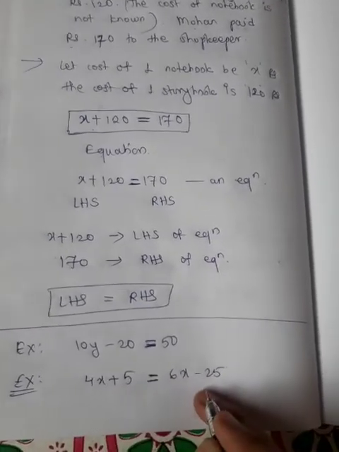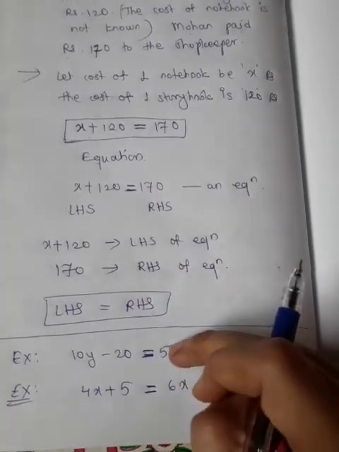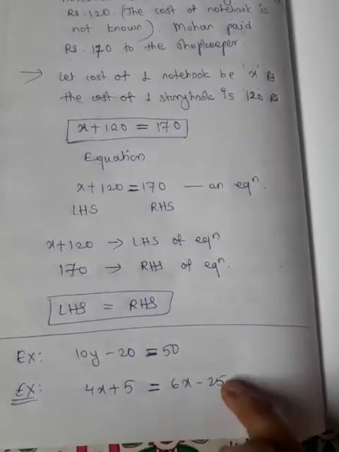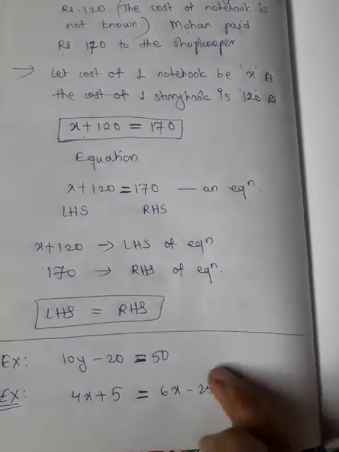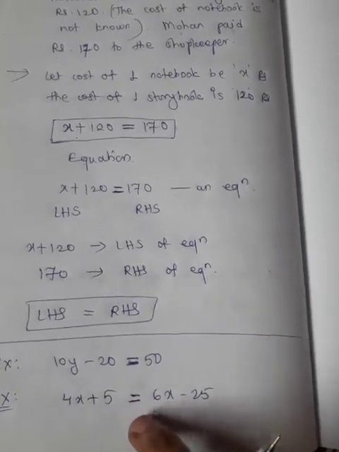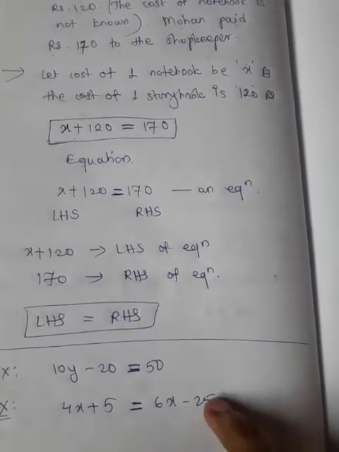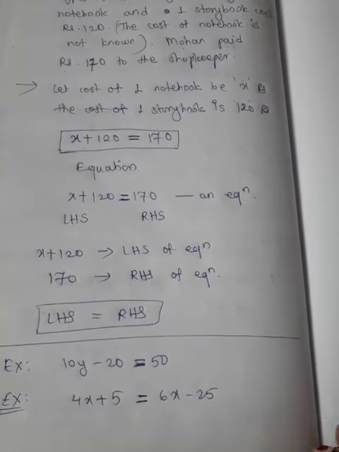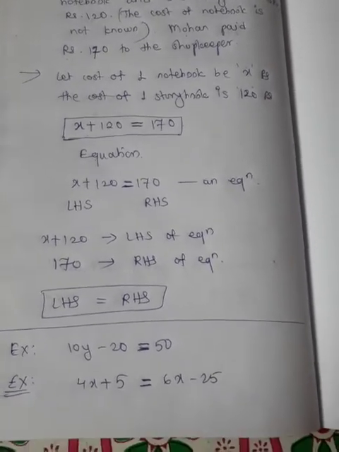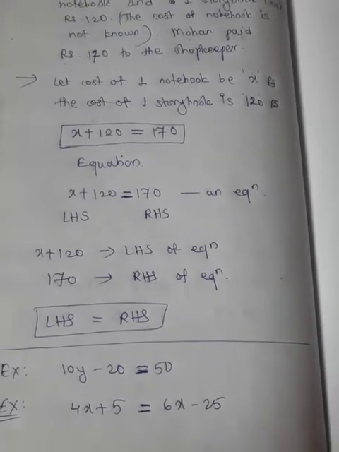Here the RHS of these equations is constant, and here the RHS of the equation is not constant. The RHS of the equation is an expression in variable x. So sometimes the RHS of an equation may be an expression containing the variable. So this is also an example of an equation.